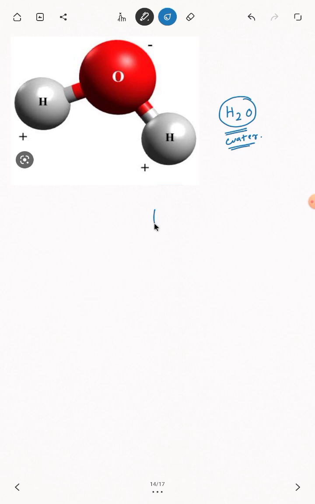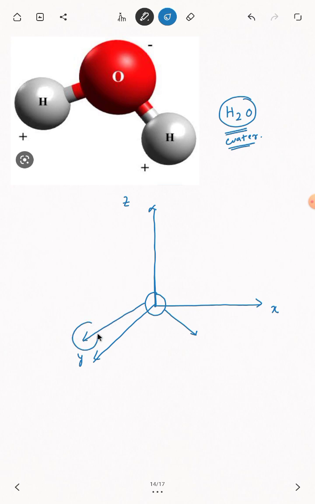So first of all, let us draw the three-dimensional system. These three axes, X, Y and Z, and put that water molecule here. This molecule is shifted here. So this is H, this is H, this is O.